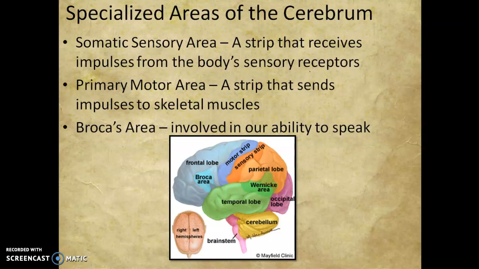We'll find that people who have brain damage in certain areas will have trouble with whatever those areas are in charge of. So if someone had a brain injury or a brain aneurysm right here, their ability to speak would be hindered. A lot of times stroke victims, this is actually an area that's commonly affected by people who have strokes.